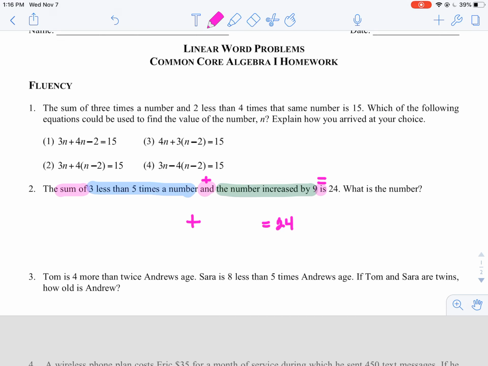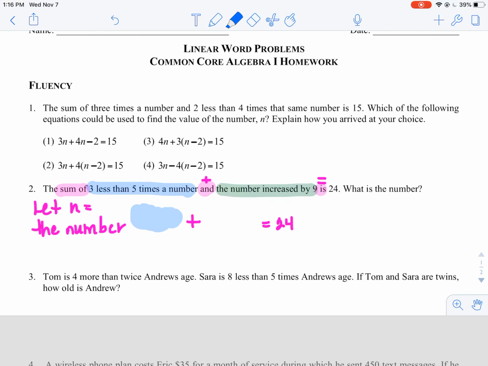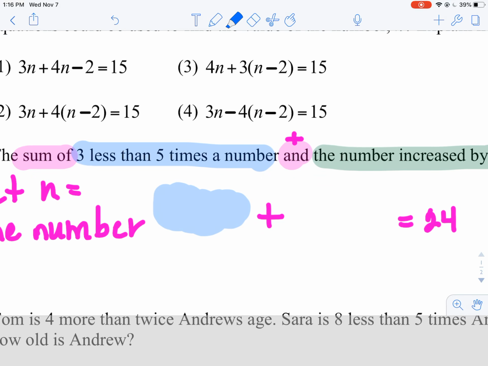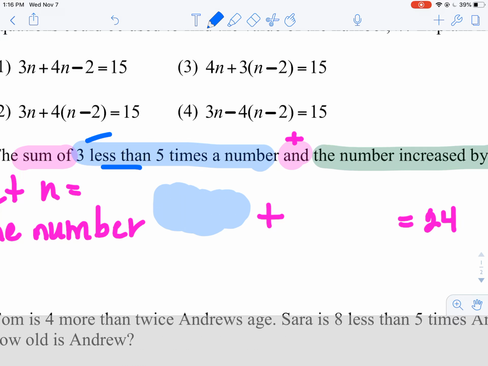Now we really should have started with the let statement of let whatever variable we choose. I'm going to choose n. For this example, let n equal the number. And now let's just separate it. Let's take care of that first part. 3 less than 5 times the number. Less than means subtraction, but it changes the order.